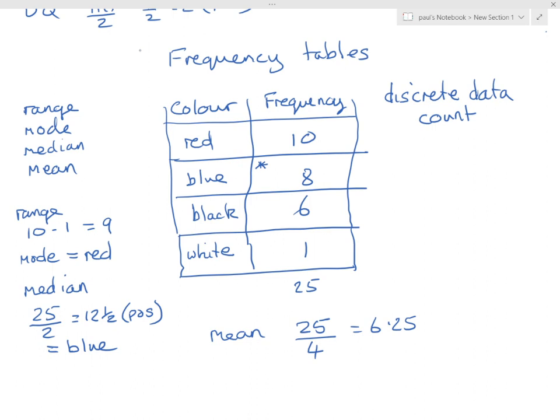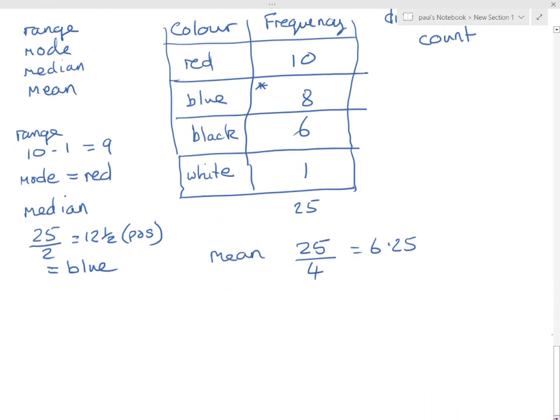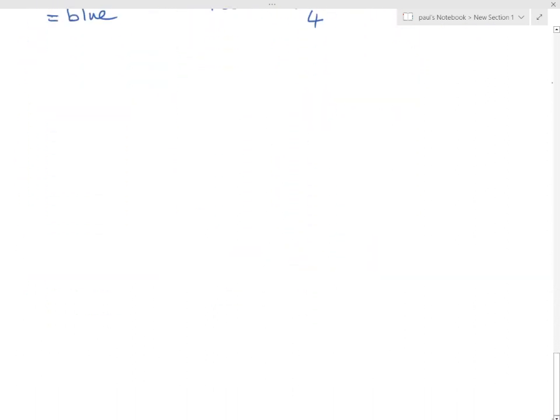Okay, now it can get more complicated, can't it? So one more example of this, and we're going to do a survey. Cups of tea. Right.